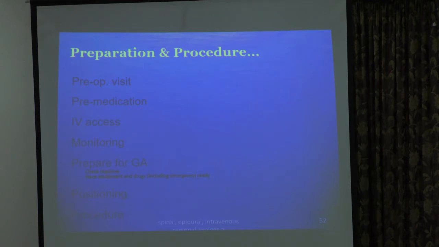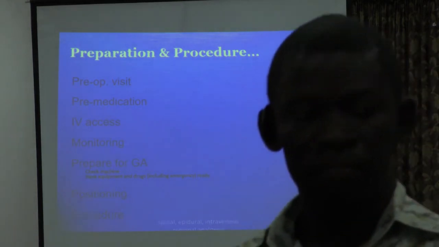Because at times your spinal will fail, or you will have complications from it that will necessitate that you convert it to general anesthesia. If you cannot do it, how? And that means before you do the spinal, all your equipment and your drugs for general anesthesia, you must what? Have it. Otherwise, it's not safe.